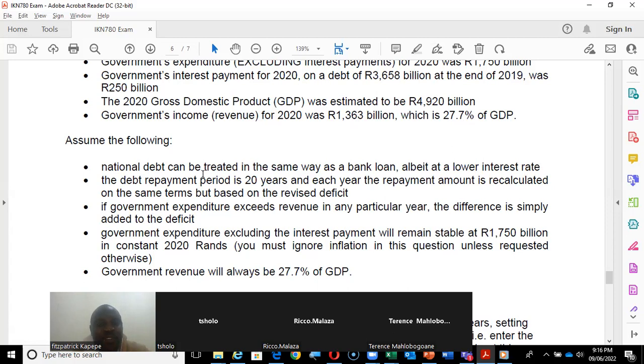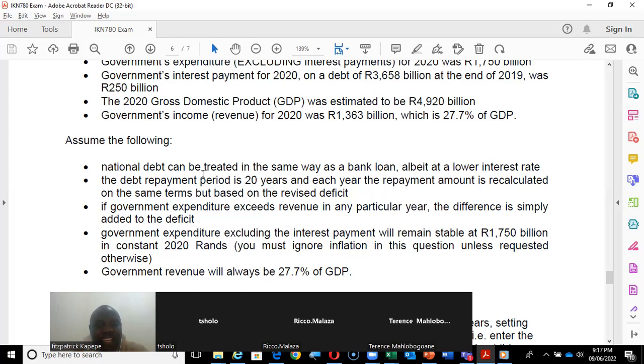The debt repayment period is 20 years, and each year the repayment amount is recalculated on the same terms, but based on the revised deficit. If government expenditure exceeds revenue in any particular year, you hear this, the difference is simply added to the deficit.